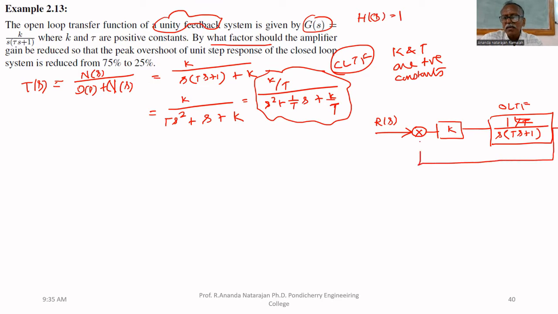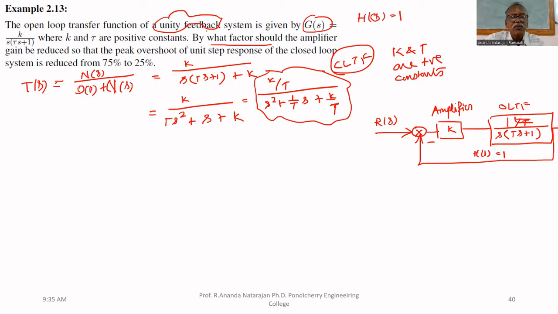The feedback is coming here, negative feedback, H of s equal to 1. I am writing this k outside because k means gain. Gain means it is nothing but an amplifier whose gain is k. If amplifier gain equals 2, it means if you give 1 volt, it will make it 2 volt. If the amplifier gain is 5, if you give 1 volt, it will make 5 volt. So k is an amplifier. Like that you have to assume.